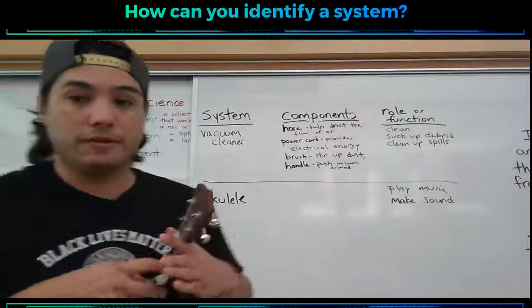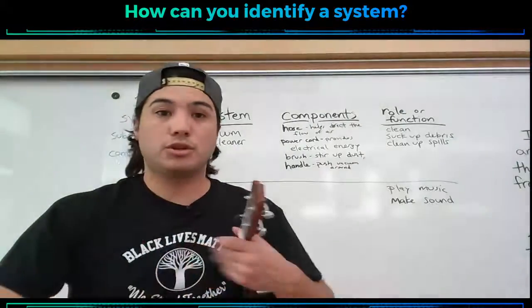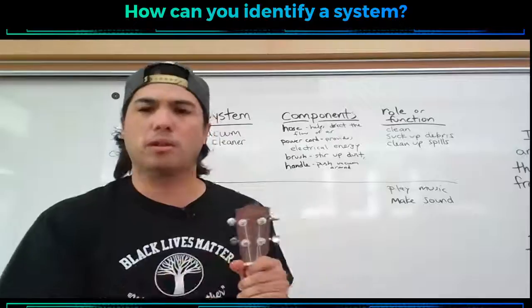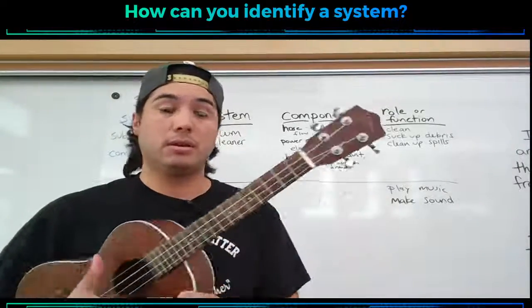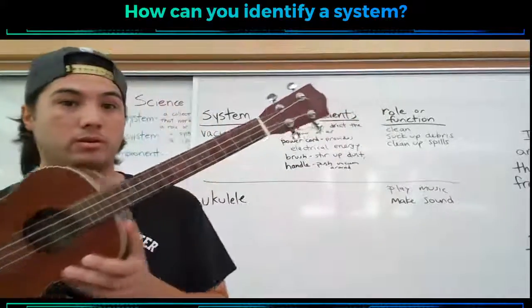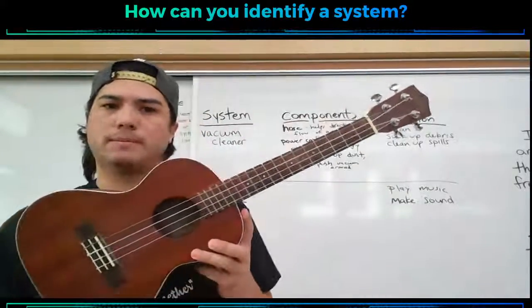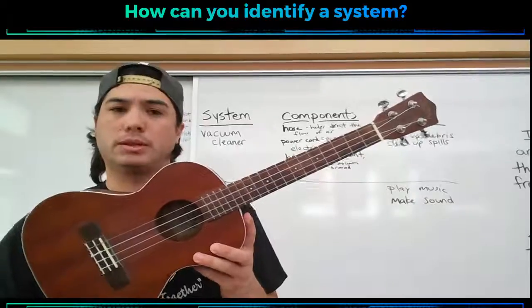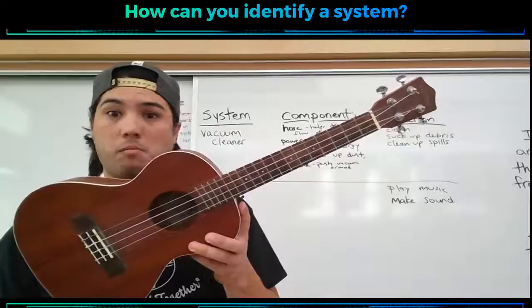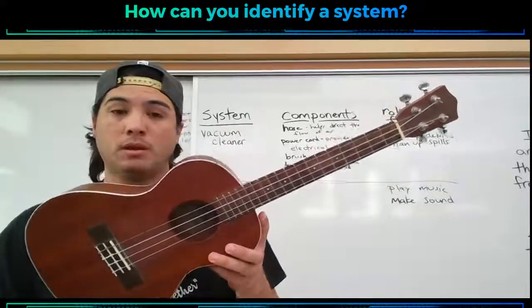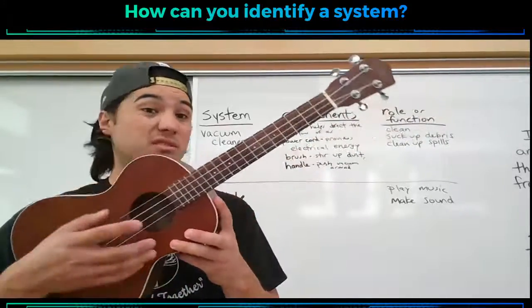Okay? And the different components to our system, you don't have to be writing all of this down. But as you're thinking about our ukulele, you could be writing down your own notes on what components do you see here? What makes a ukulele a ukulele? Right? We've got our strings.